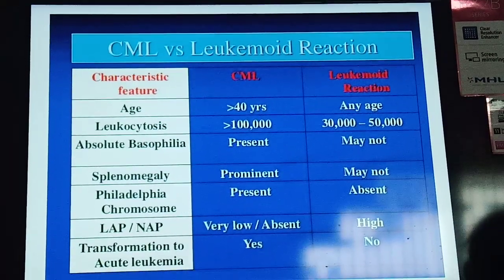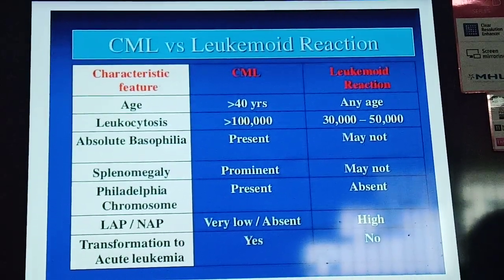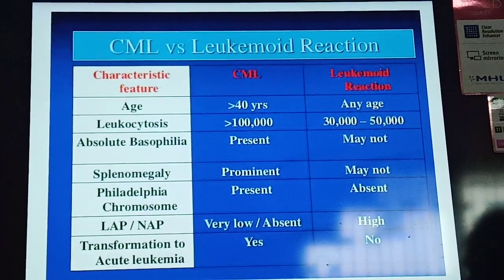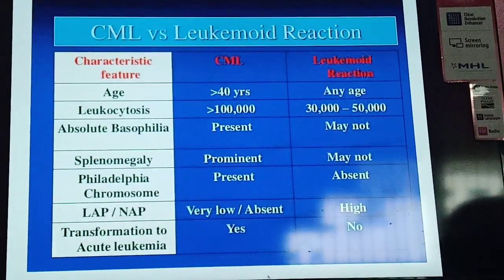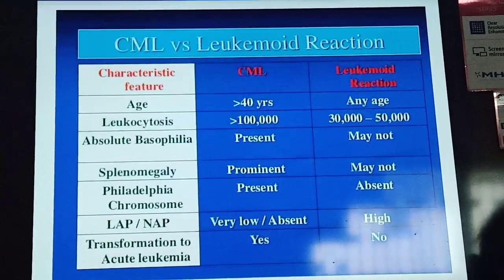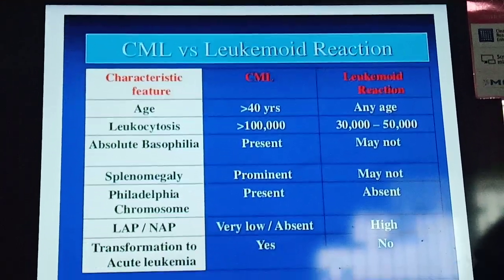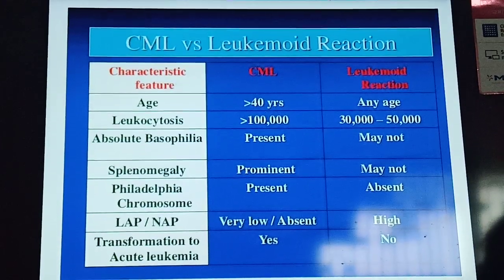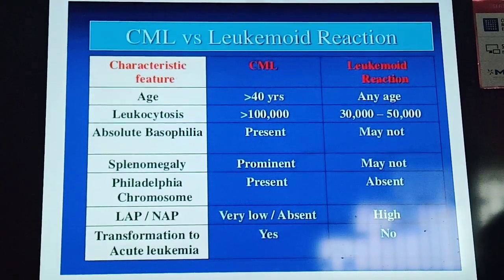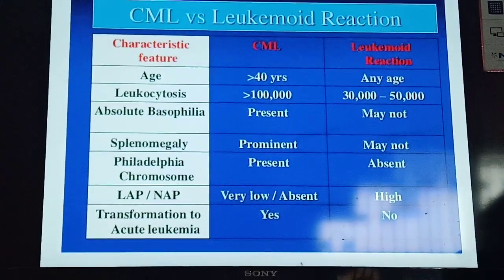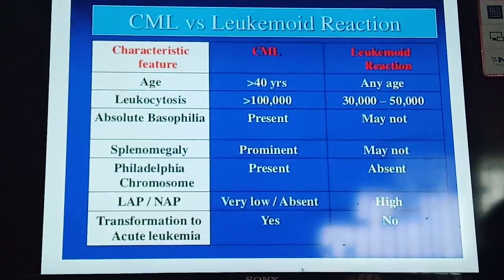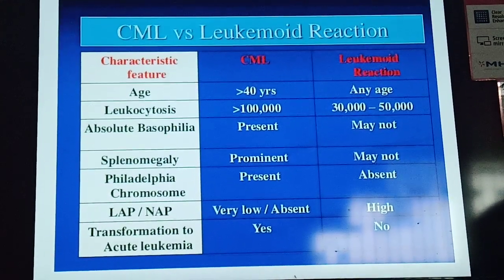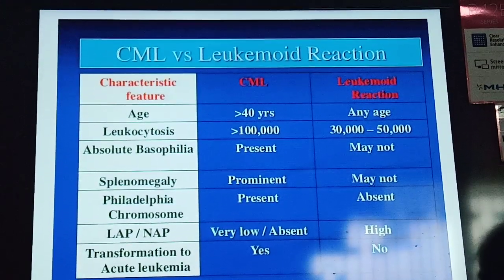The leukocytosis in CML is usually more than 1 lakh total WBC count, but in the leukemoid reaction the total leukocyte count is usually 25 or 30,000 to 50,000. There may be basophilia, so increased basophil count usually occurs in CML, but in the leukemoid reaction the basophil count may be normal or absent.